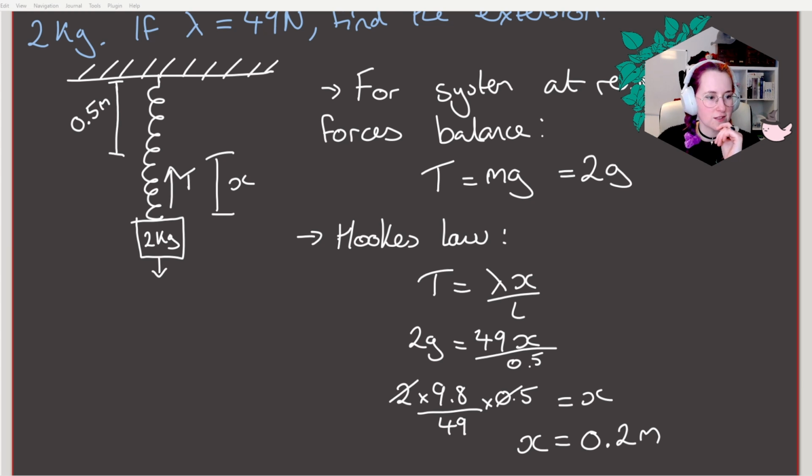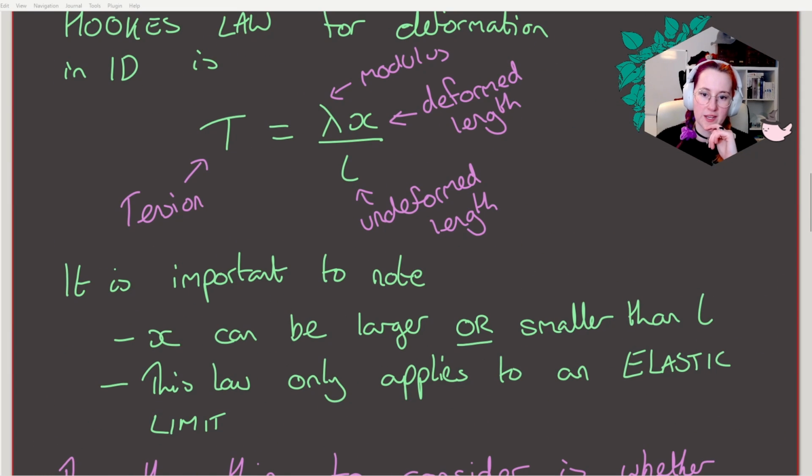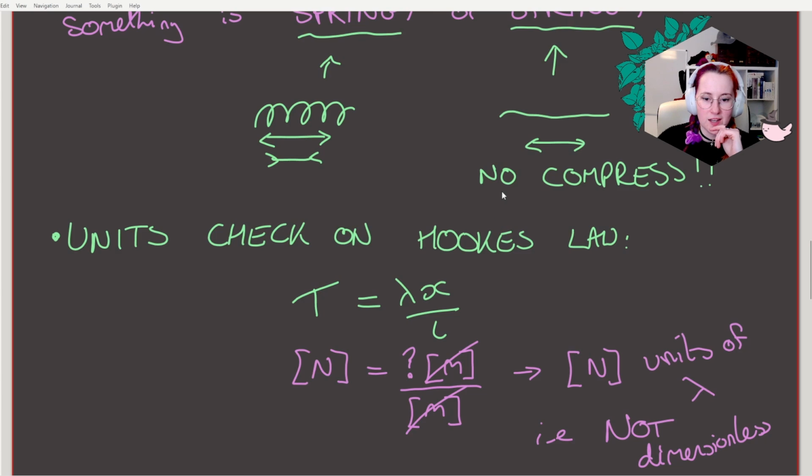Yeah, so x is the distance away from the deformed state. So in particular, I should come back here: away from rest state. Delta x is the extension from the natural length. Yeah, so you could write it as delta x.